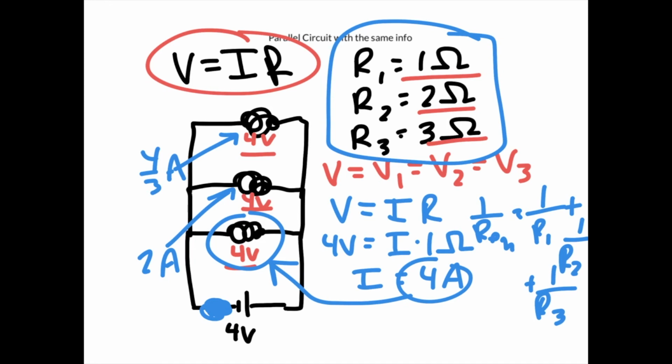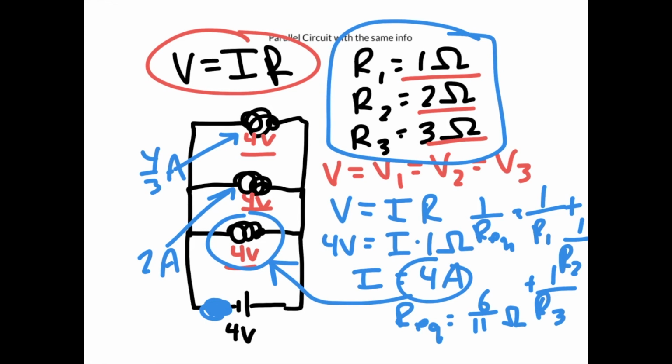You end up having to do some cross multiply and divide, some algebra work to solve at the end. But when it's all said and done, and you can try this as an exercise, it's good to practice with fractions, you get an equivalent resistance of 6/11 of an ohm.